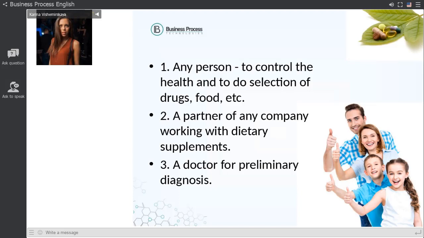A partner of any company working with dietary supplements, because the supplements can be tested and the samples of the supplements can be delivered to the company totally for free, added to our database, which is very amazing. And the doctors can use Life Expert mode for preliminary diagnosis to see what's going on with the person's body, then to know which analysis they want the person to do according to the results of the test.